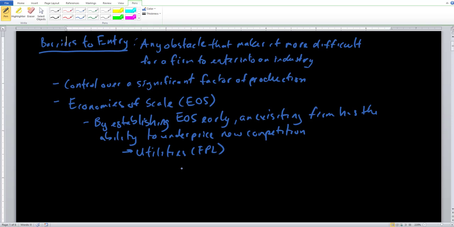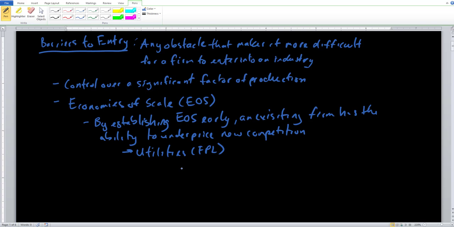So with these utility companies, it requires a huge upfront cost in order for this firm to provide this service. So for FP&L, they provide electricity. So that means that they have to provide the huge infrastructure. They have to provide all the sort of equipment, they have to have the power plants, they have to have the workforce just to go ahead and provide electricity for residents here, say in Florida and Miami-Dade.